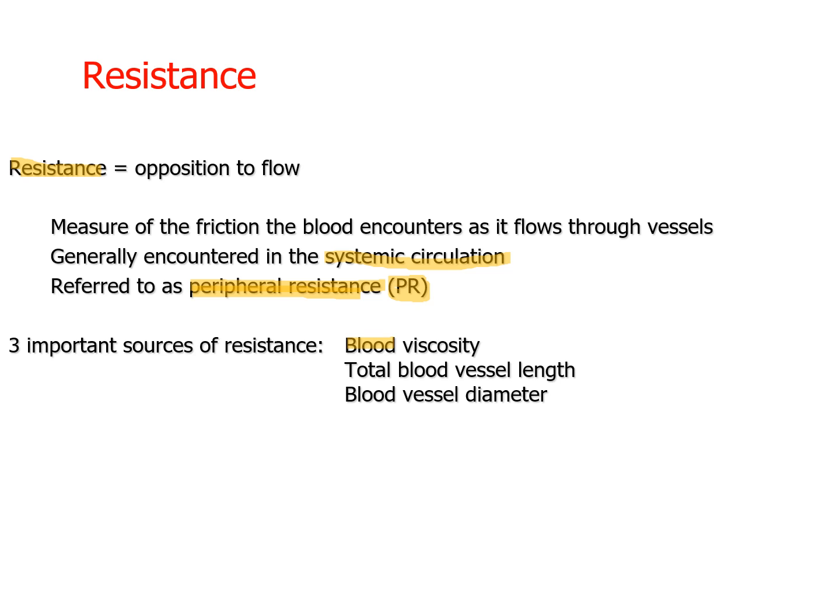One is blood viscosity, the thickness of the blood. The thicker it is, the more resistant it is to flowing. The other is the total blood vessel length, and the third one is blood vessel diameter.